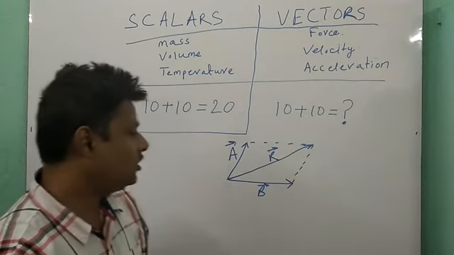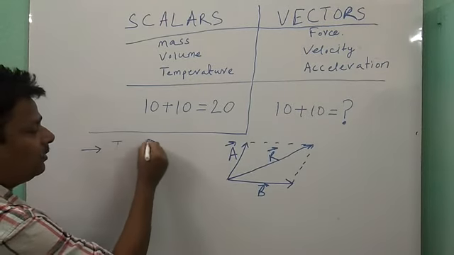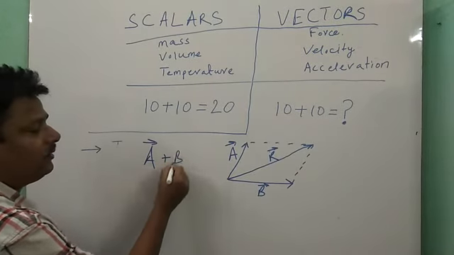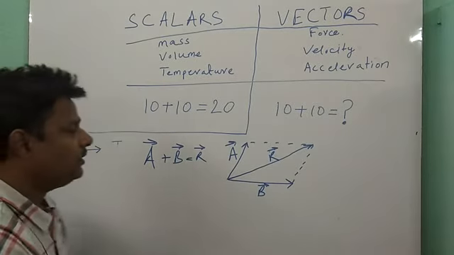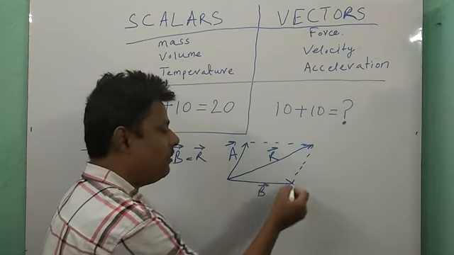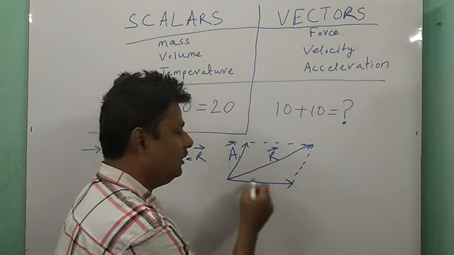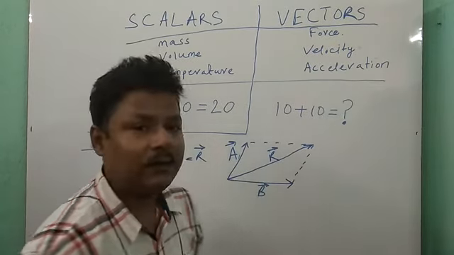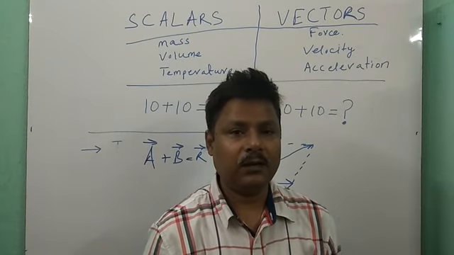Here also we can write that A vector plus B vector is equal to R vector. R is the diagonal of this parallelogram. A is one vector like this, B is another vector like this. A plus B is equal to the diagonal. So this is the parallelogram law of vector addition.